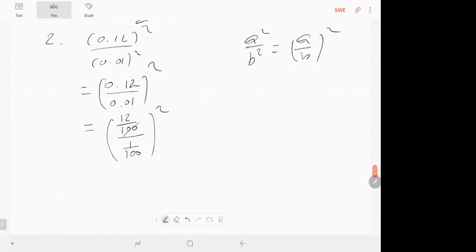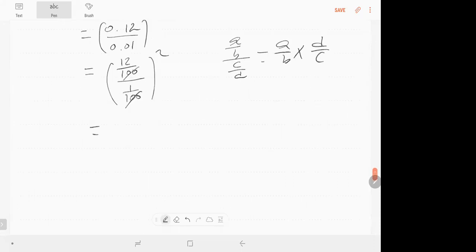So now this one cancels out by this one. Remember, there is a property a over b the whole over c over d means a over b times d over c. If you apply this property on this expression, 100 cancels out by 100. So what is the remaining?